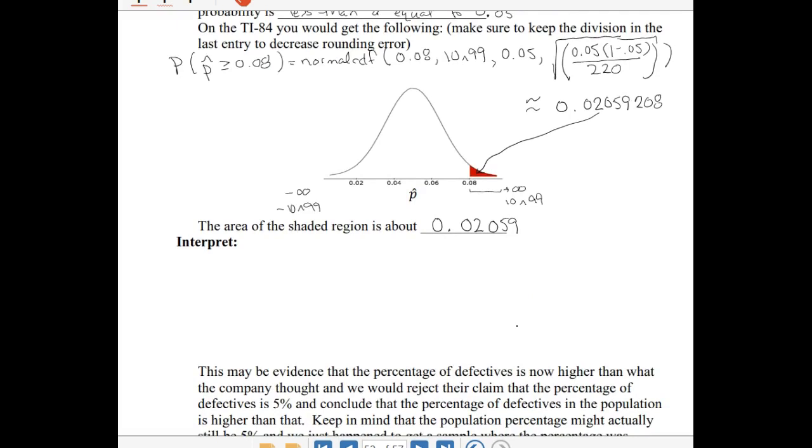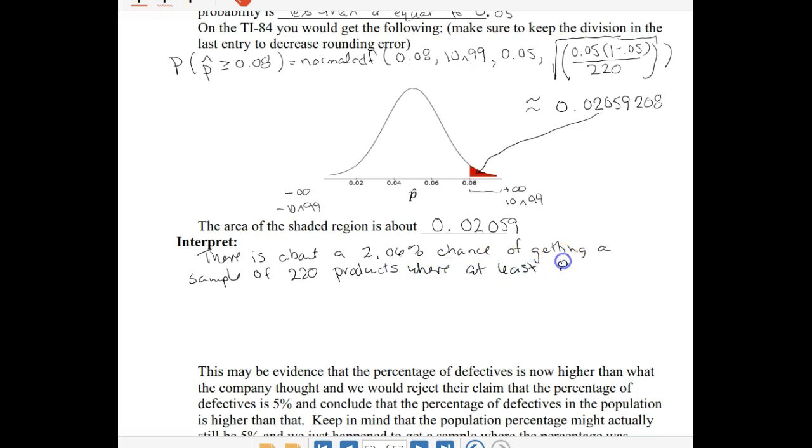Now if we interpret what we found here, that tells us that there is about a 2.06% chance of getting a sample of 220 products where at least 8% of them are defective.